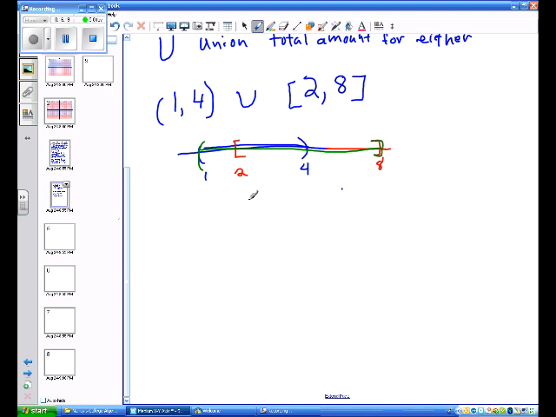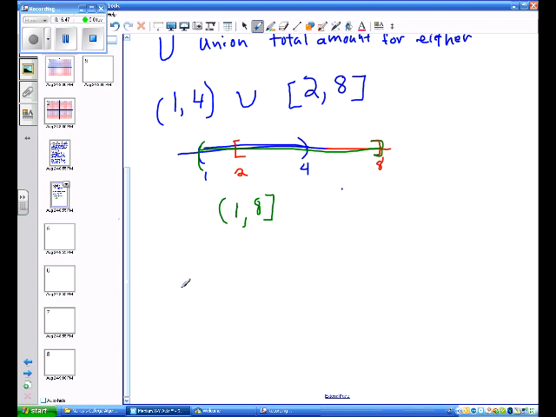So our solution set would be 1 and then 8. Now it doesn't include 1 because neither one of them included 1, but it does include 8 because the second one included 8. So that would be our union.